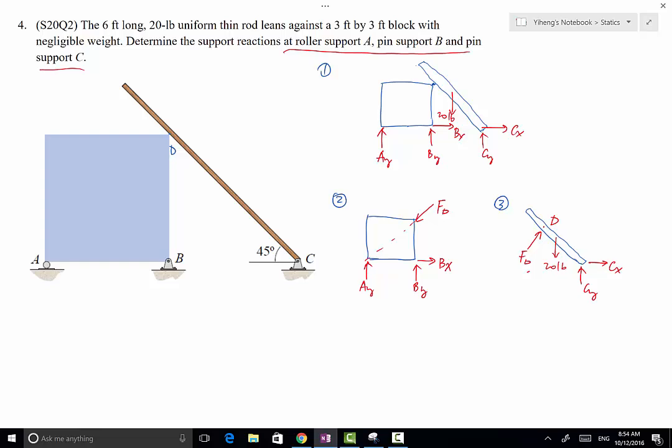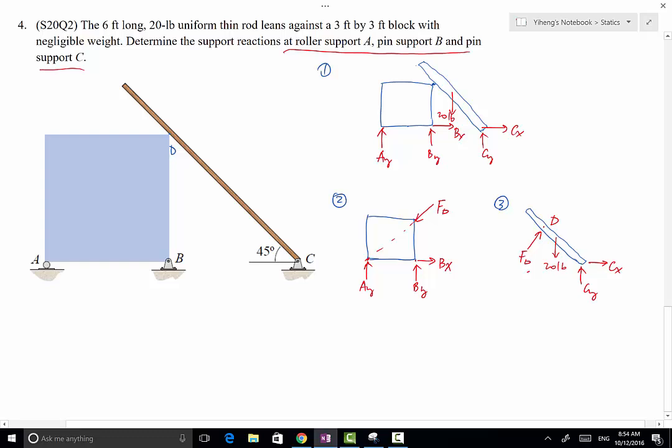So if we look at free body diagram number 2, the block is actually a 3-force member. Both of these 2 members are 3-force members, which means that forces are only applied on 3 points. Therefore, we have point A here, point B here, and point D here.